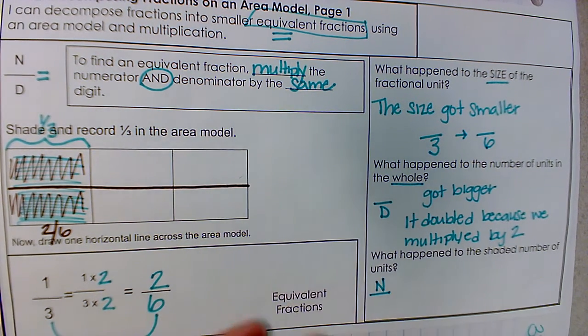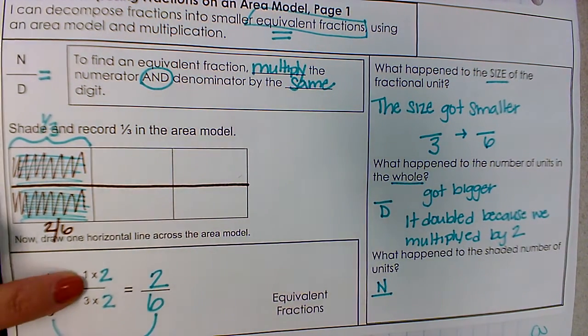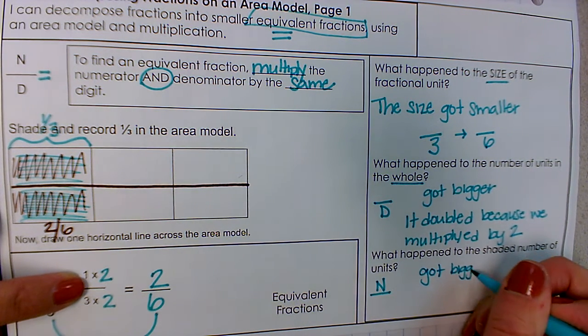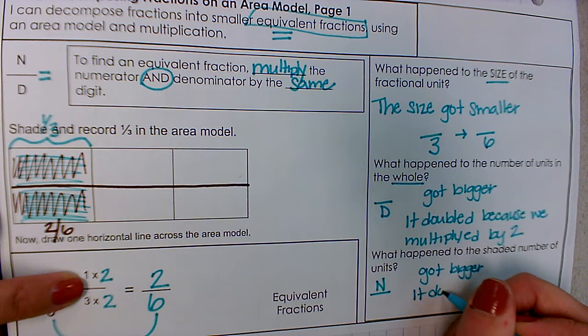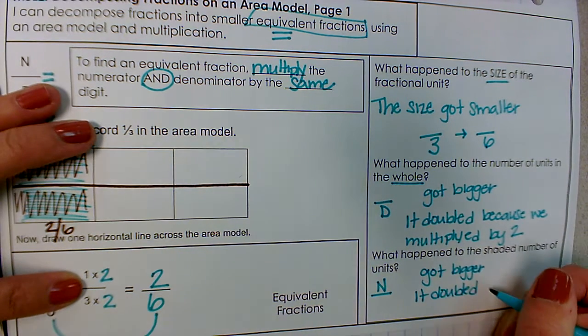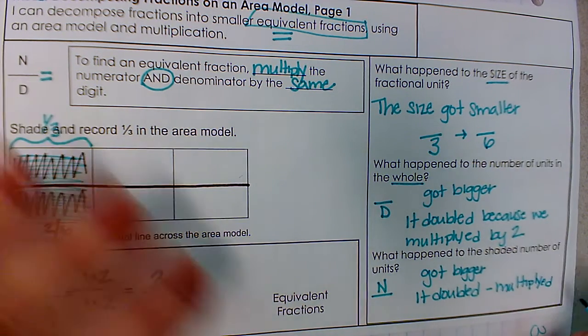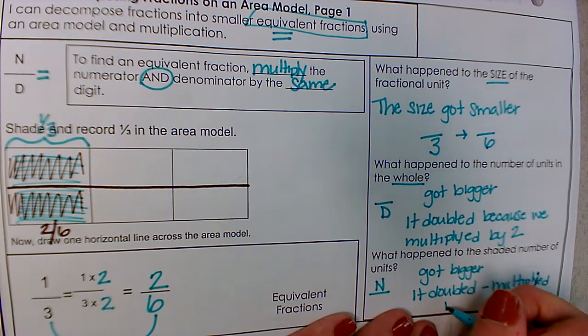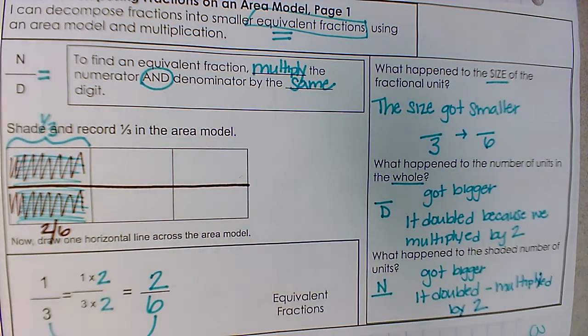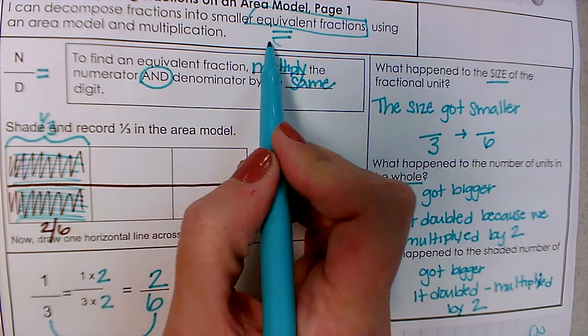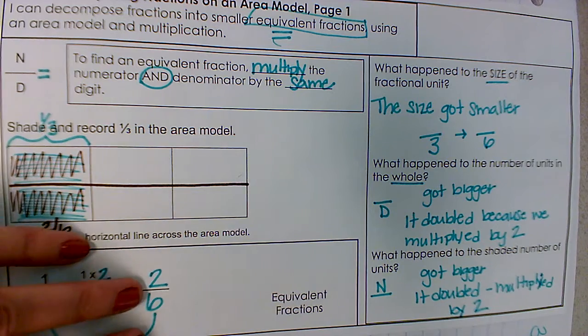That means I'm talking about my numerator. Well, I multiplied it by 2 as well, so it also got bigger, and it doubled because I multiplied by 2. So we have to think about what happens to those, oh my goodness, friends, I spelled that wrong, multiplied by 2. We have to think about what happens to those parts of our fraction when I'm finding those equivalent or equal fractions. So we're going to keep practicing and try some more before you go ahead and work on your own. So go ahead and turn the page for me.